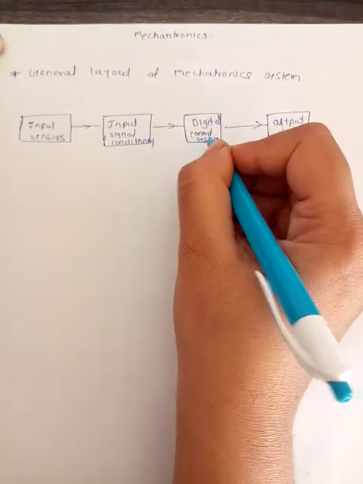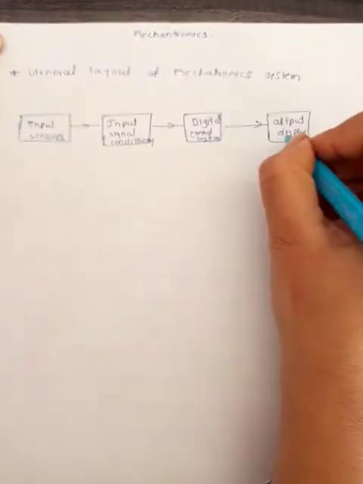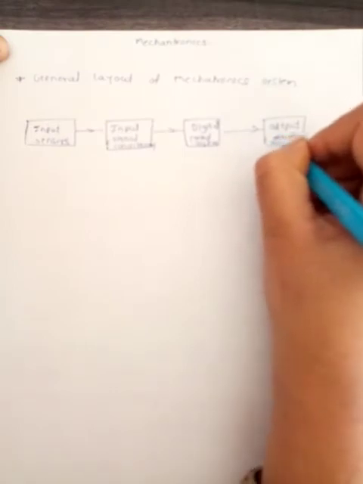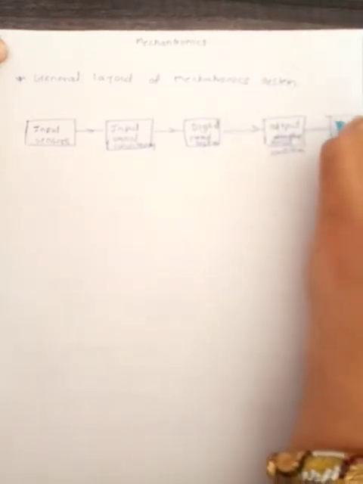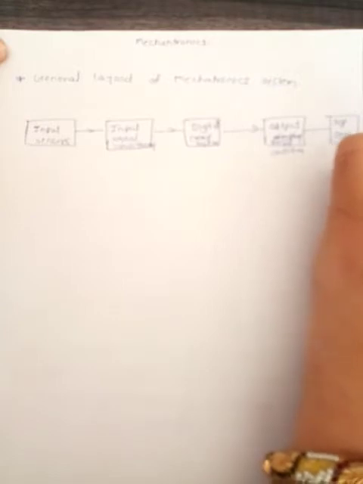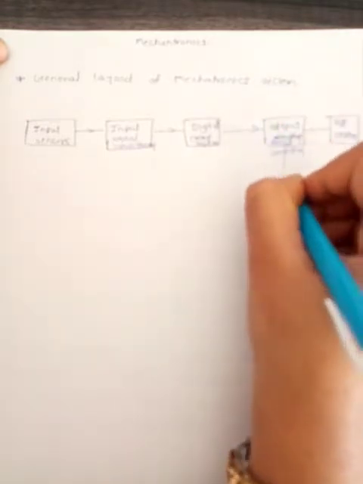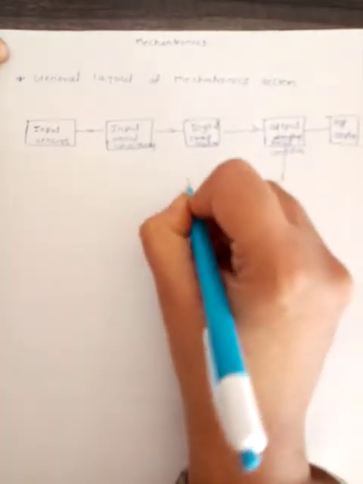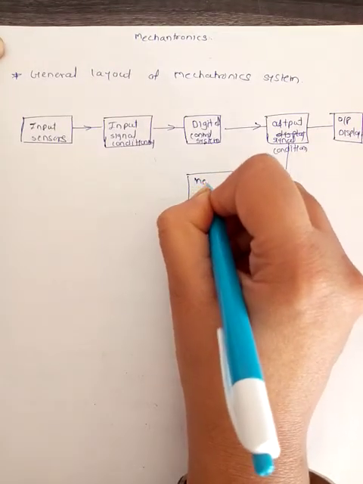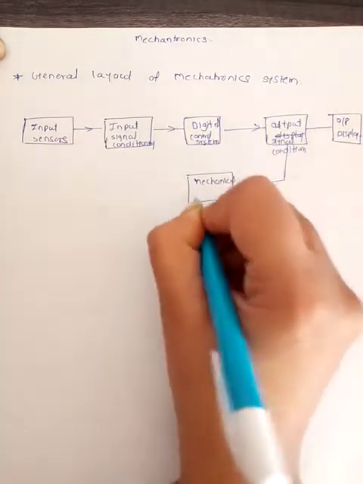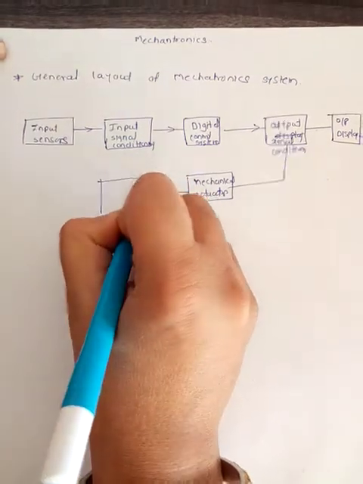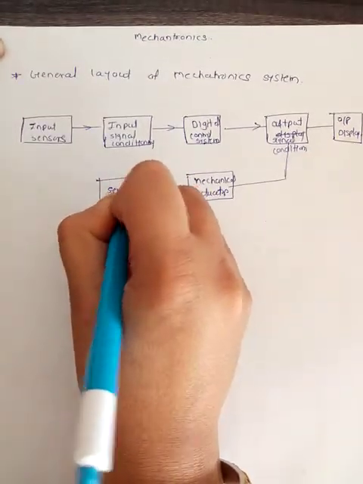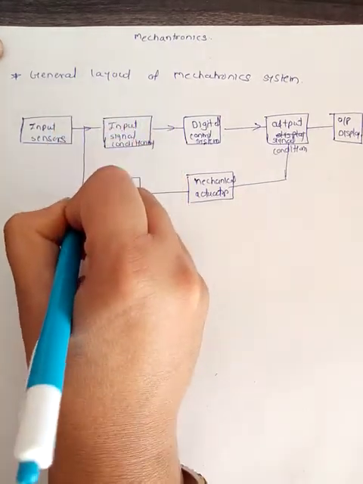The output conditioning is passed to the mechanical actuator, and then to the sensor, and this sensor passes back to the input.